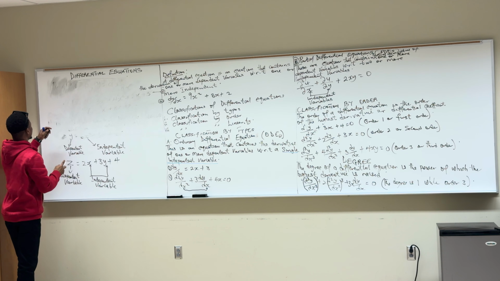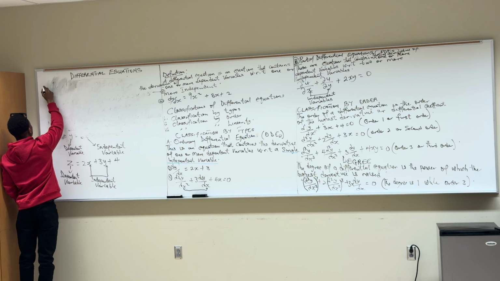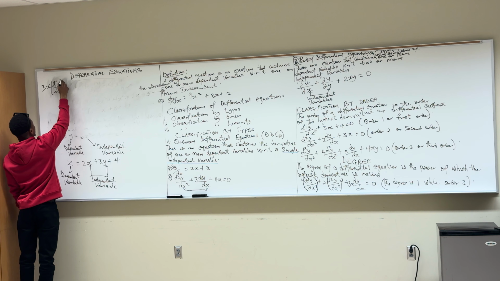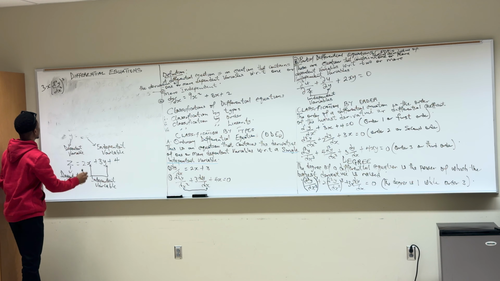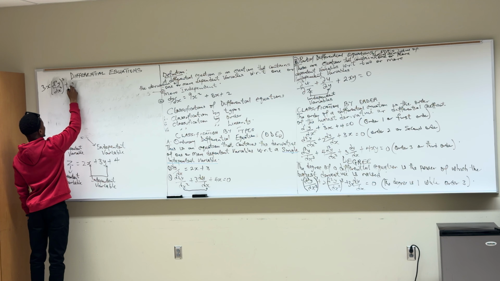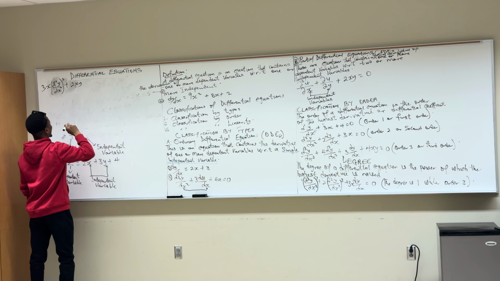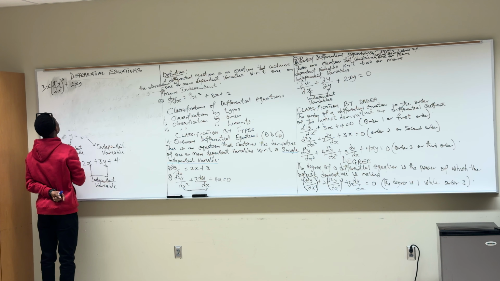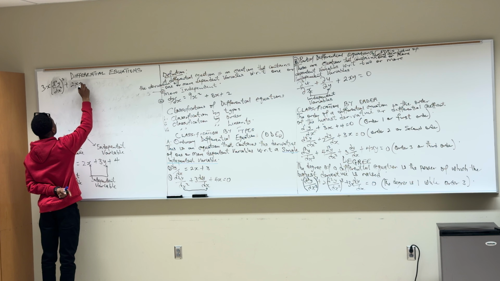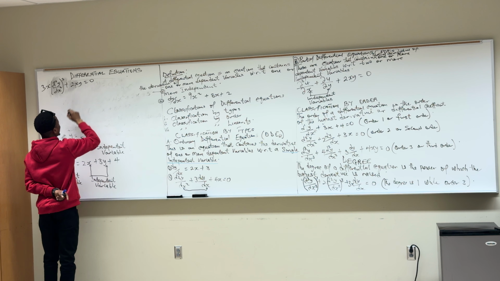So the second example, let's say we have 3x (d²y/dx²) raised to power 3, plus 2xy equals 0.